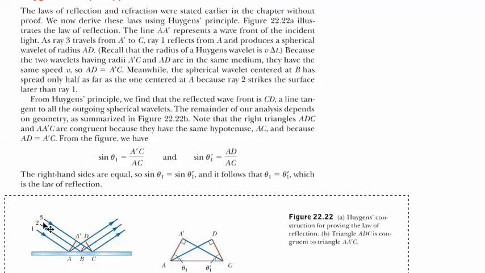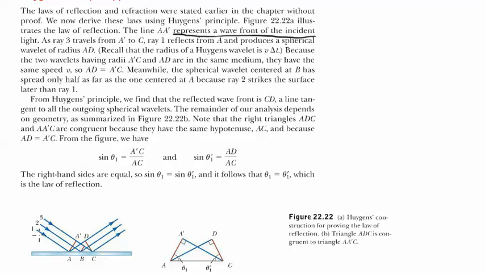The line A prime represents a wavefront of the incident light. As ray 3 travels from A prime to C, ray 1 reflects from A and produces a spherical wavelet of radius AD.